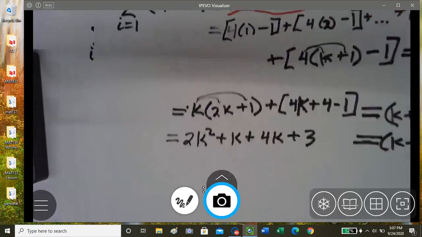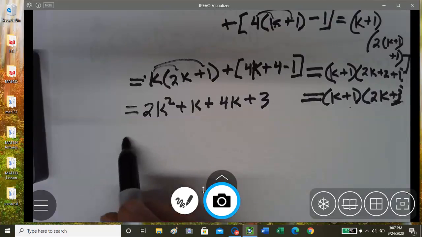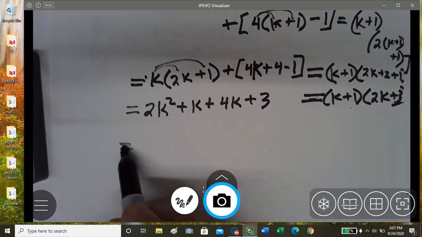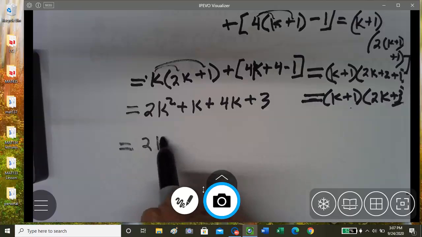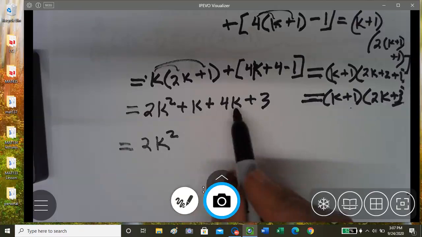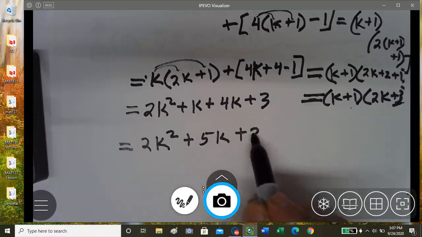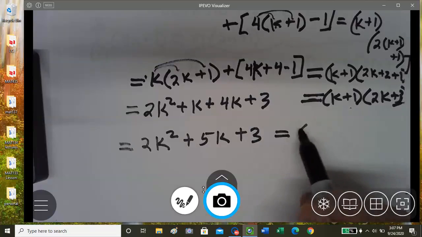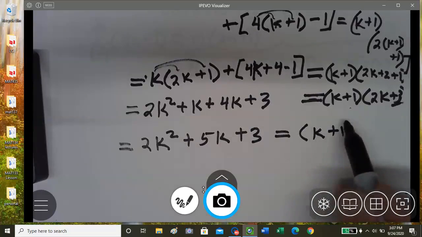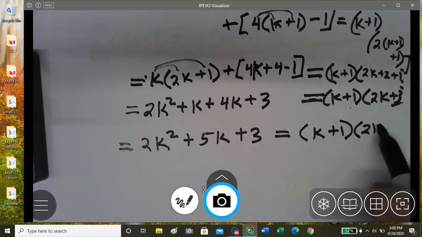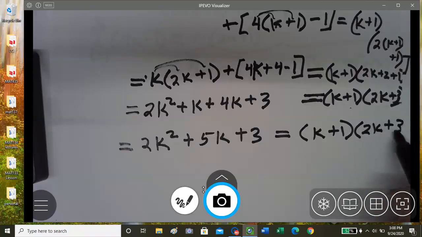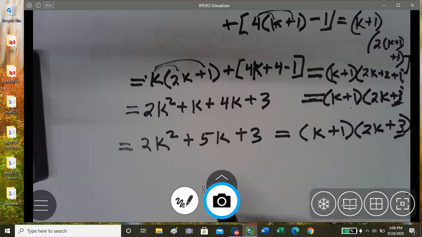So we need to combine like terms here. So this would be 2k squared, 1k plus 4k is 5k plus 3, and that's going to equal k plus 1 times 2k plus 3. Okay, so here we can factor.